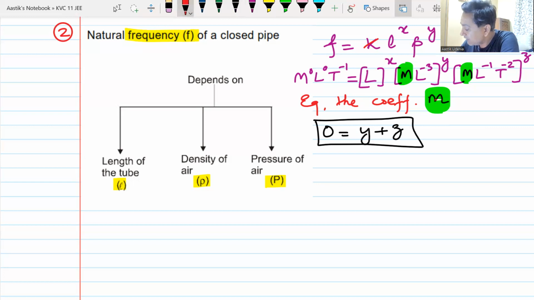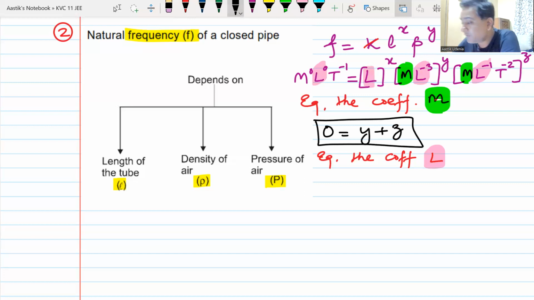Let us equate the coefficients of the next gentleman, and that is L. The pink one. L, the pink one. Yes, my dear friends.